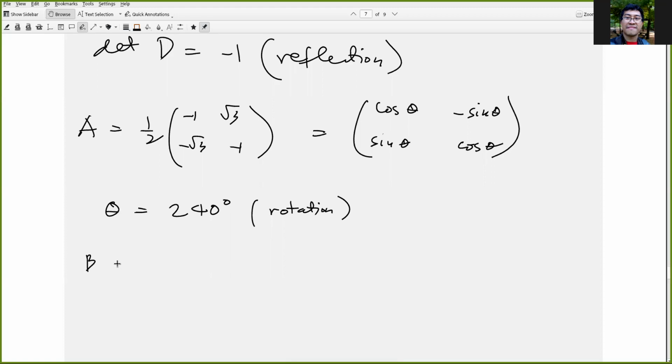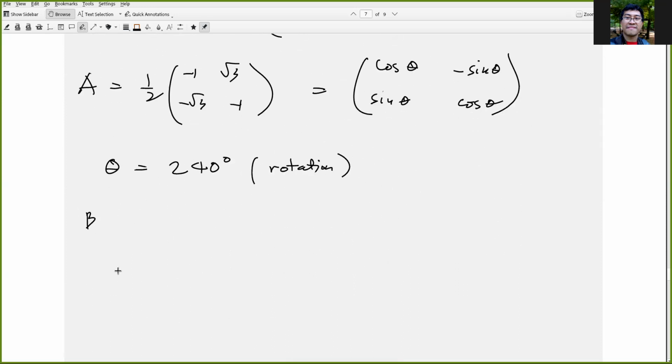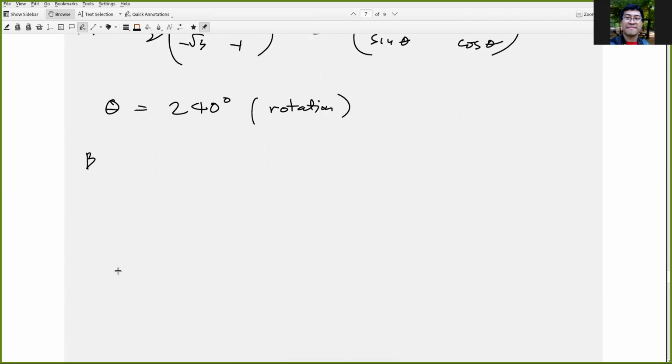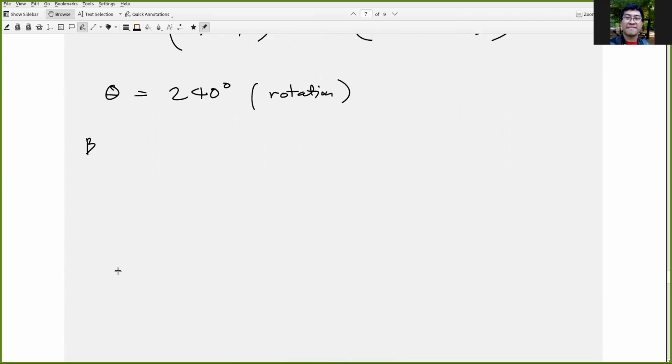For B, which is a reflection, we want to find the plane at which B would reflect, the xy plane if we use an xy coordinate system.